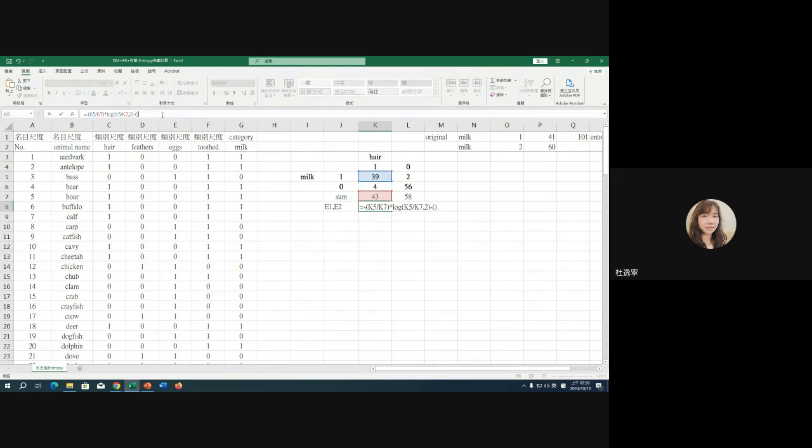Subtract the other one, 4 divided by 43 and multiply the log of 4 divided by 43, and the base is 2.